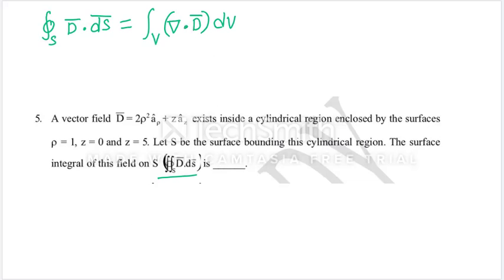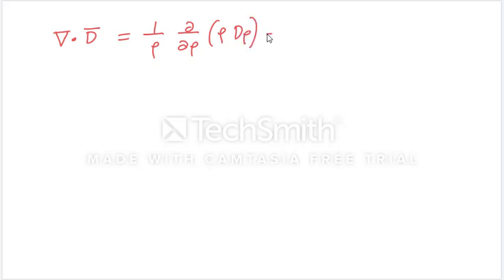So first we need to find the divergence. Divergence in what system? A cylindrical system. The cylindrical system divergence expression is given as del dot D bar equals 1 by rho dou by dou rho of rho into D rho, as the first term.